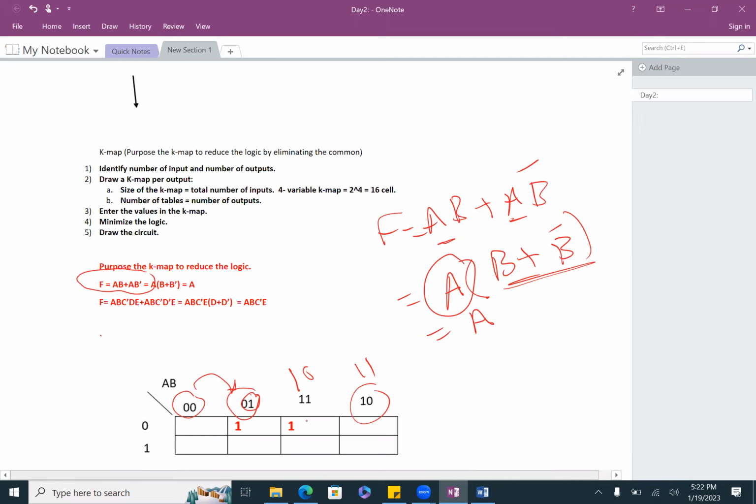So when I try to reduce the size by combining these two together, both of them will be eliminated. We cannot keep the common, so we cannot combine them together. Correct? So that's really the reason why it went 0 0, 0 1, 1 1, then 1 0. That's the reason.